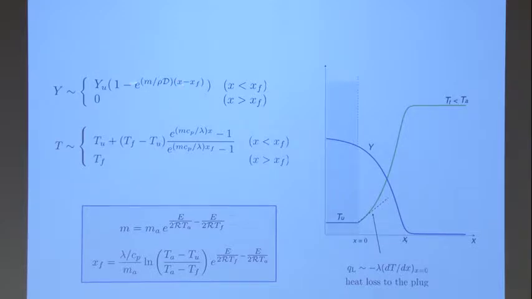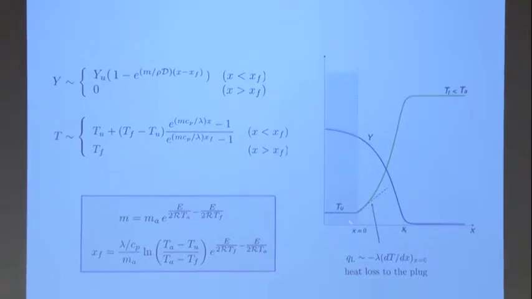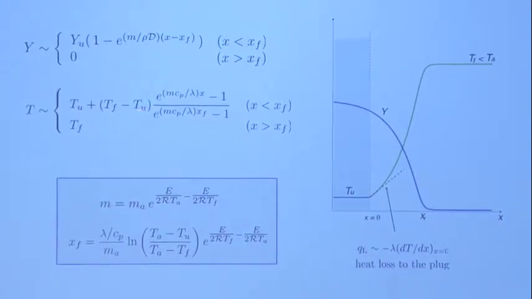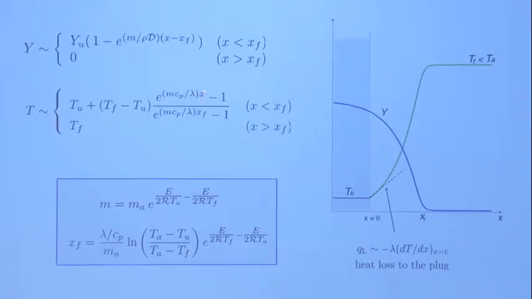And you can verify later that it satisfies the boundary condition that we specified earlier at x equal to 0, which is the location of the plug. The temperature is given by this expression where, at the flame when x is xf, this factor is 1, T is Tf, which is the flame temperature, which we don't know. So we still have as unknowns in this problem the location of the sheet, xf, and the flame temperature, Tf, which we haven't determined yet.